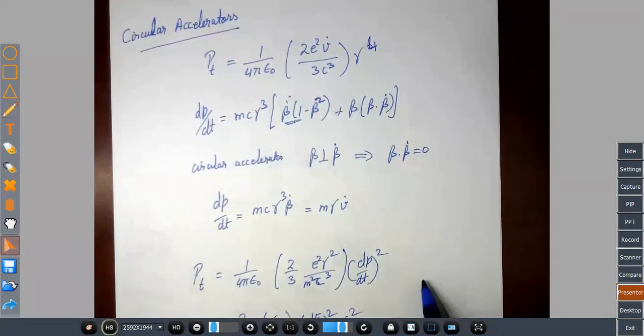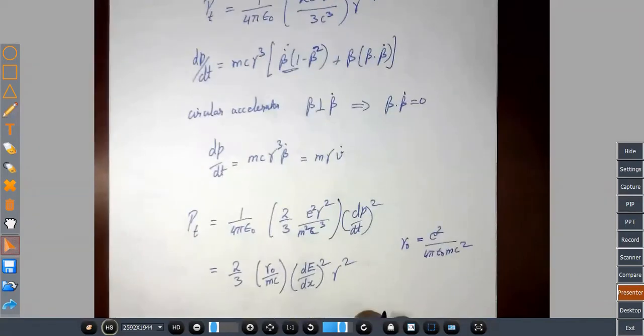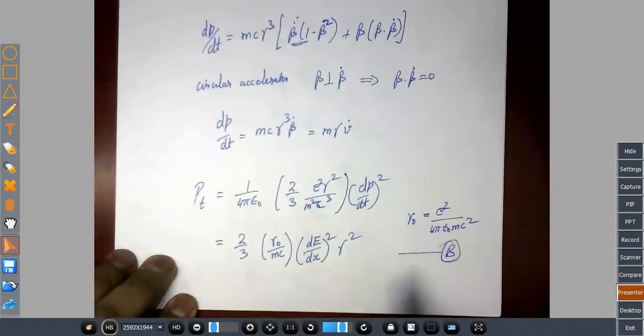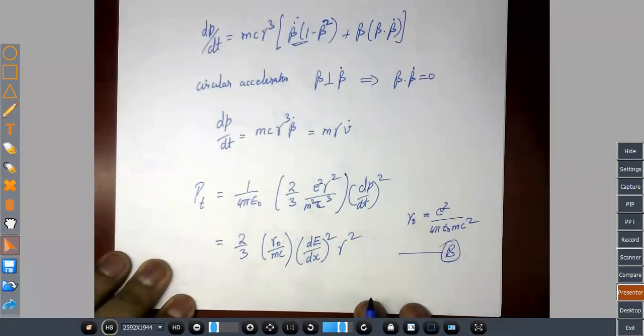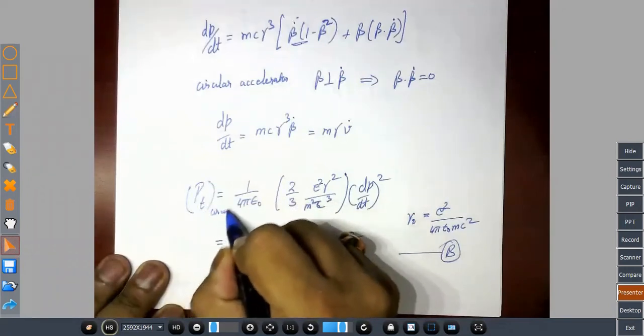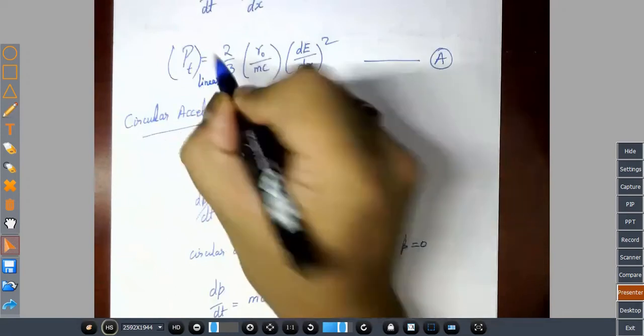I have substituted this. r0 is equal to e squared by 4 pi epsilon 0 m c squared. Let's write this as circular and the previous one as linear.